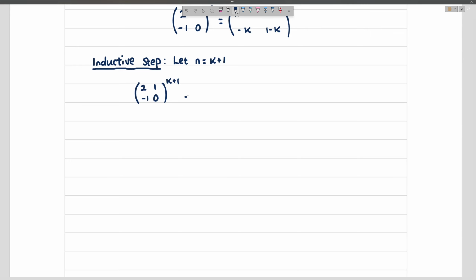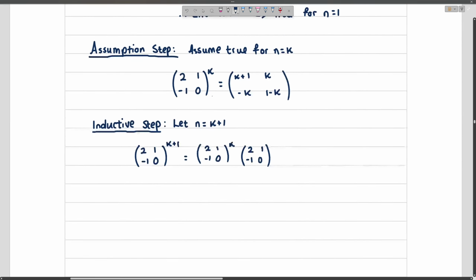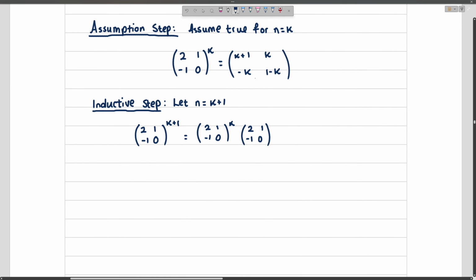Okay. And this is just the same then as [2, 1; -1, 0] to the power of k times by itself again, so [2, 1; -1, 0]. This is just basic rules here of indices, right? So this here from our assumption step is [k plus 1, k; -k, 1 minus k].